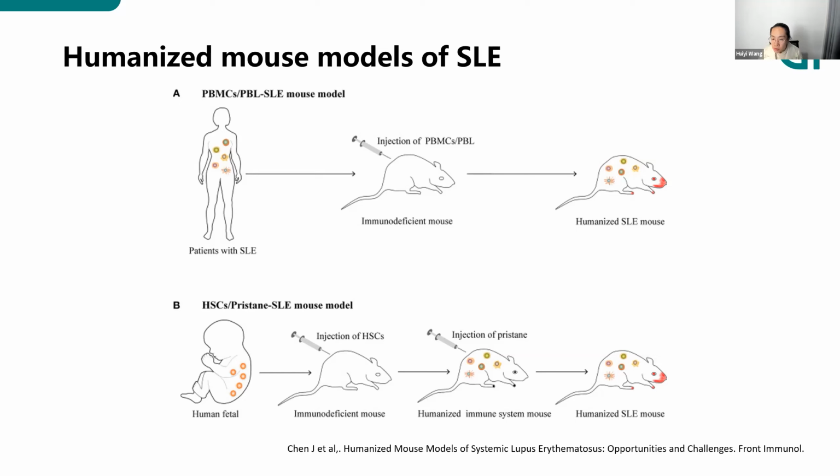Also, this modeling method will better reproduce the clinical features of human SLE. As we know, the HSC reconstituted mouse models could reconstitute B cells, T cells and other immune cells. So these mouse models may be much better than the PBMC mouse model.